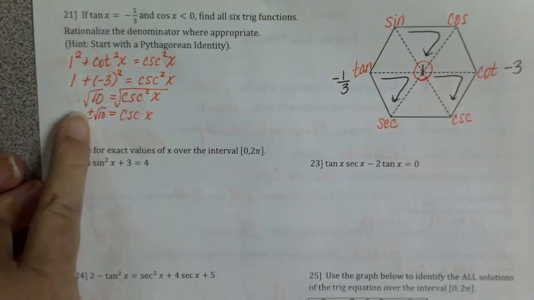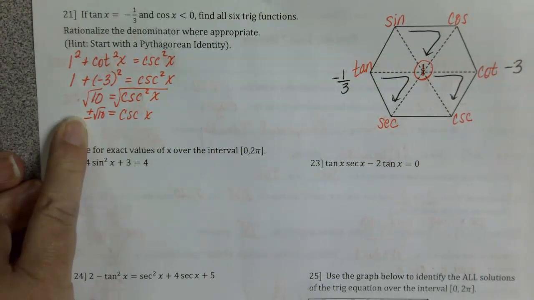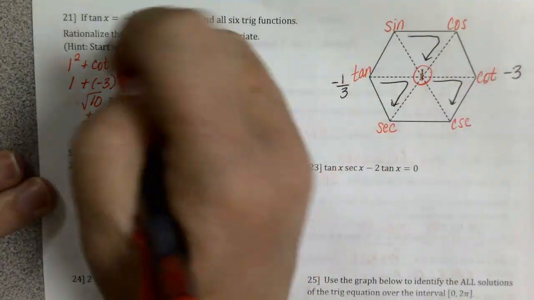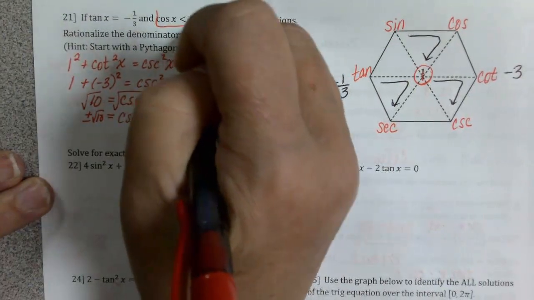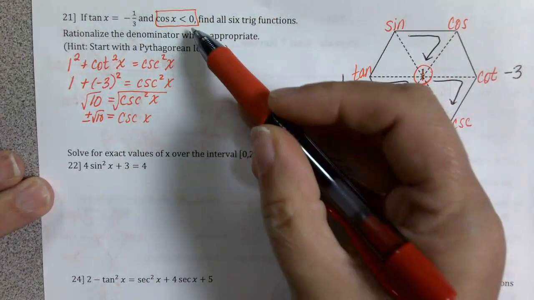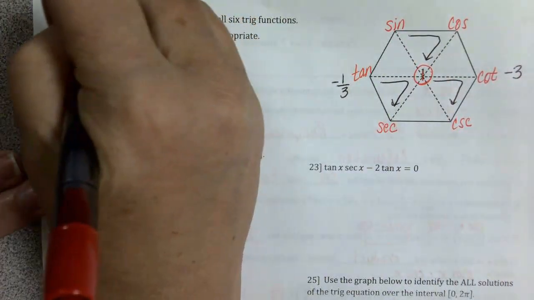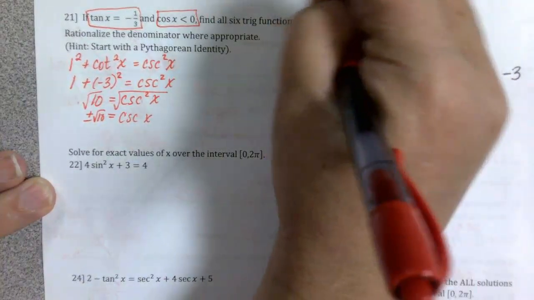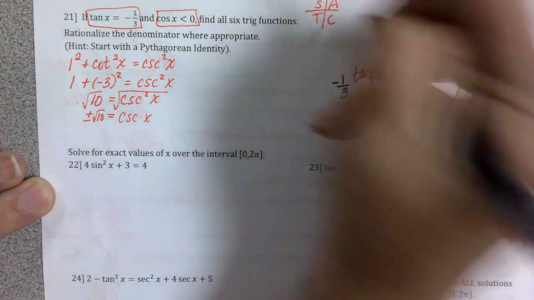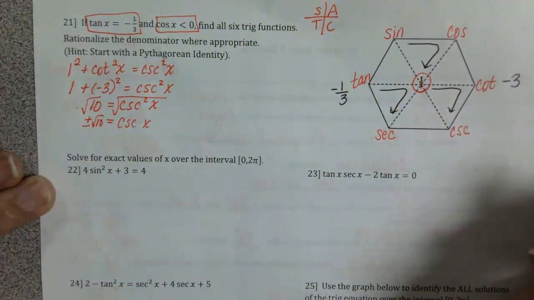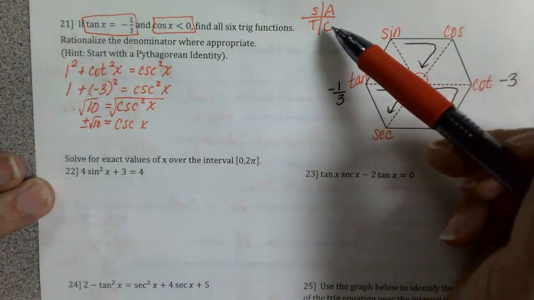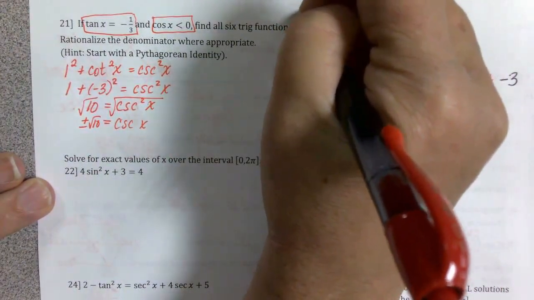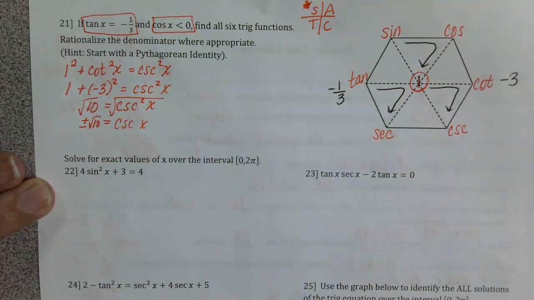To know whether to use the plus or the minus, we need to figure out which quadrant we're in. And going back up to our given information, we know that the cosine is negative and that the tangent is negative. So using our acronym, all students take calculus, the quadrant where tangent is negative and cosine is negative is here in quadrant 2.